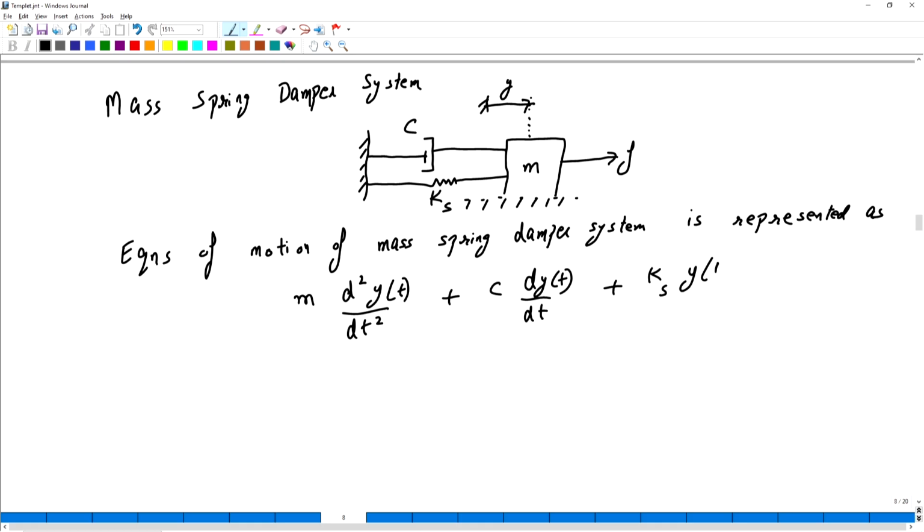Ks into y of t equals f of t. Consider this as equation number 10.